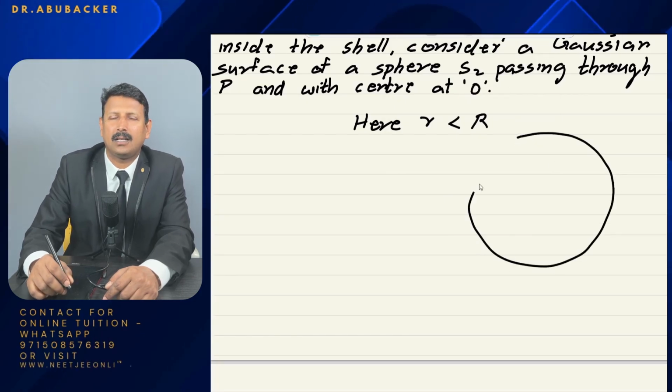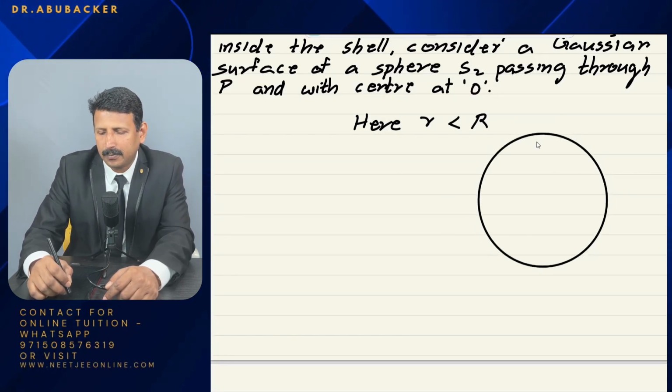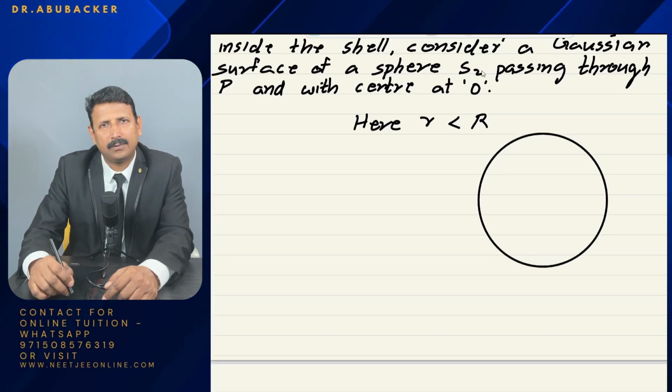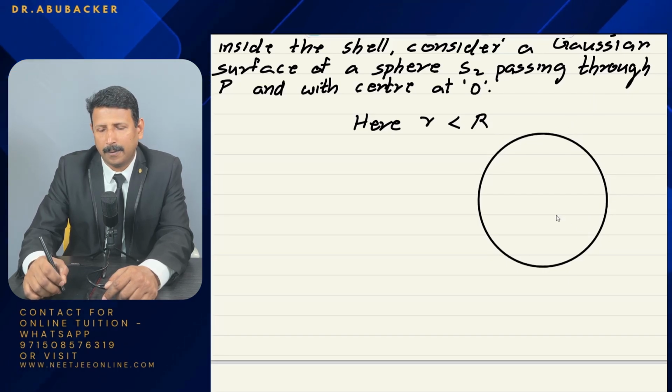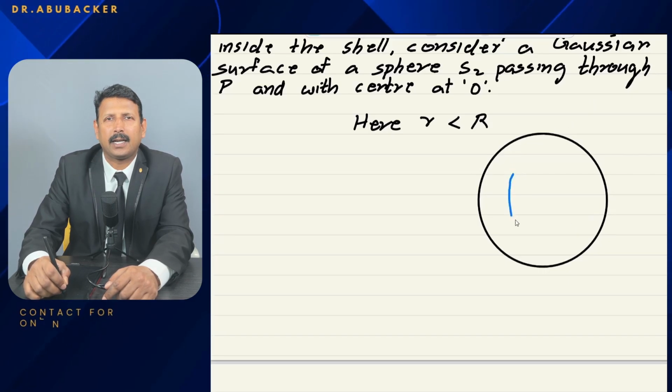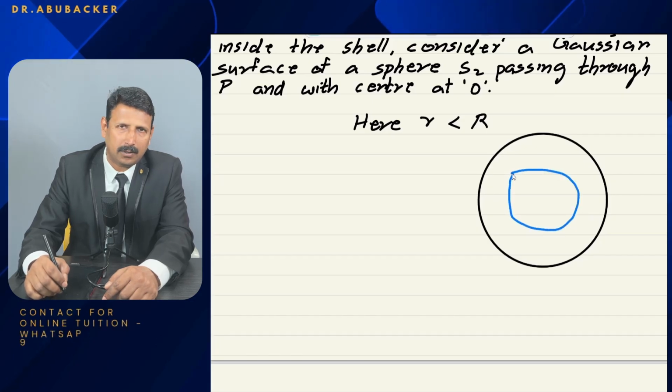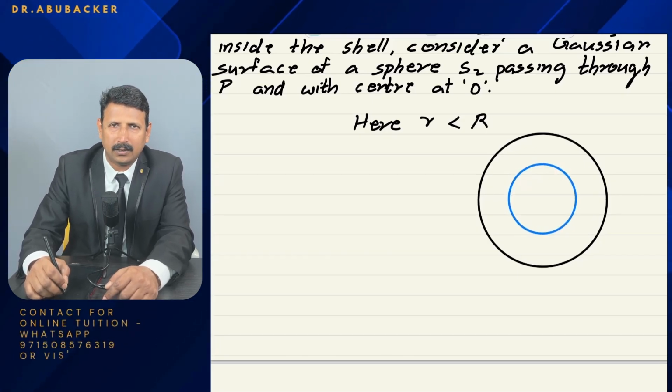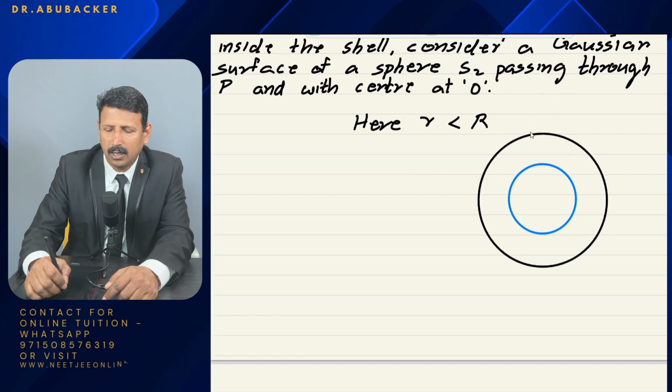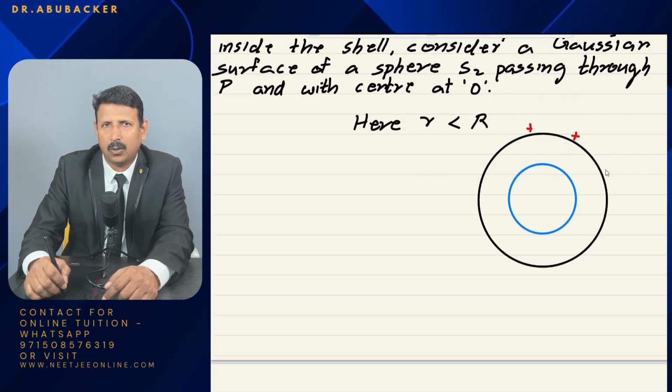Inside the shell. Draw one diagram now. First draw a sphere, the original one, with radius capital R. The imaginary one, inside, in blue color, we label with radius small r. And where is the charge located now?